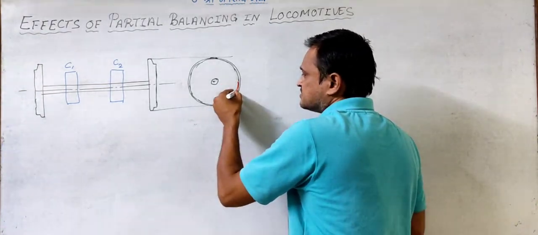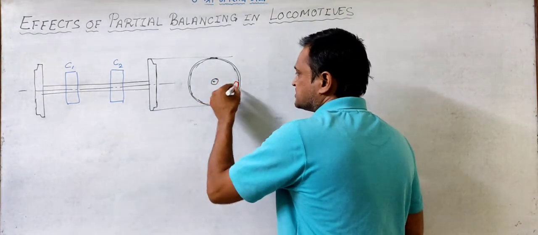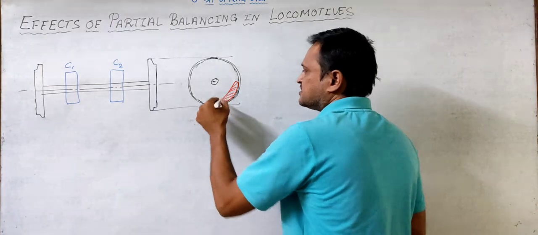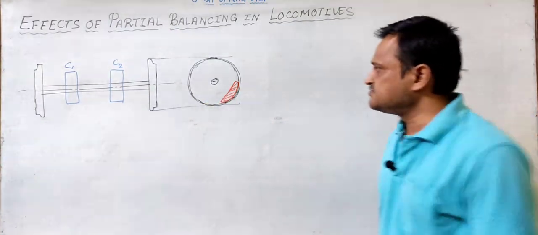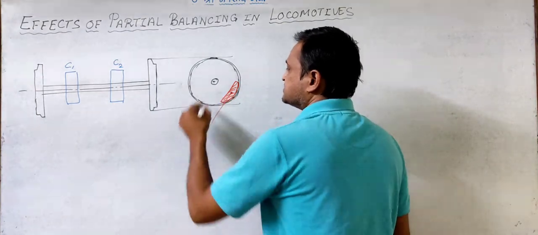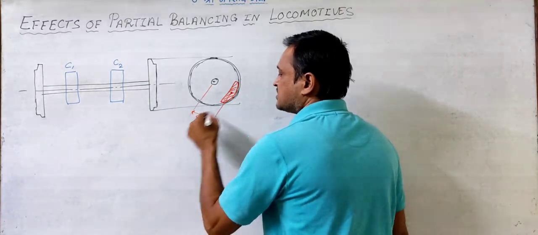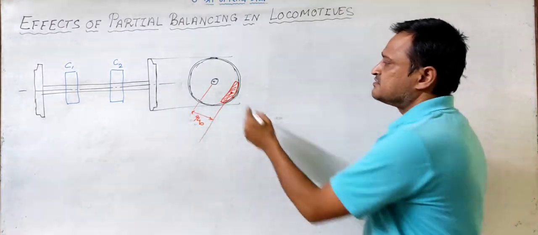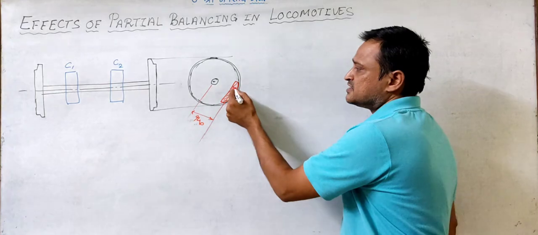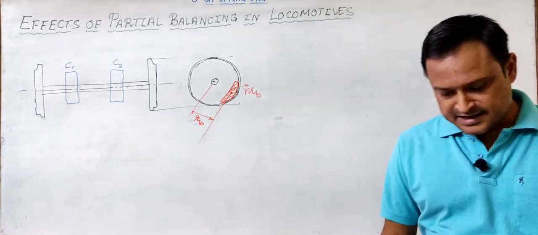This kind of masses you must have seen, which are attached on the wheels. So if I take this point, maybe this distance is RB, and this is the balancing mass which we have put here, say MB.